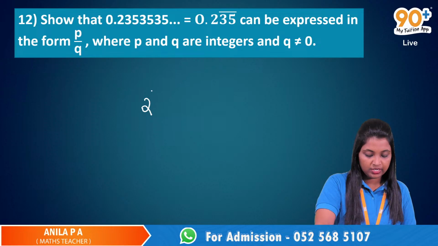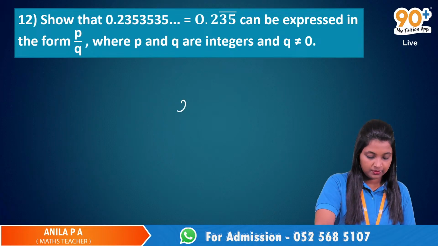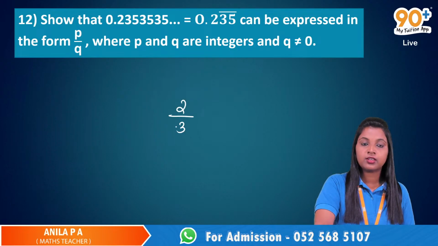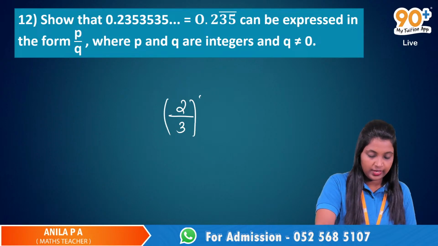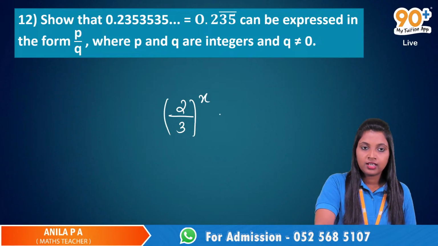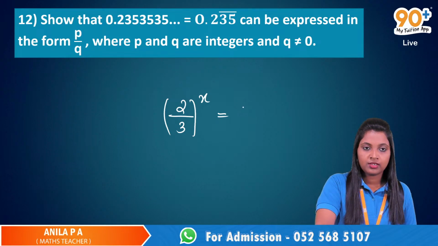Like 2 raised to x or 20 raised to x? 2 by 3, something in a rational form. 2 by 3, the whole raised to x, is equal to something, multiplied by 2 by 3 raised to x like that, then find the x.